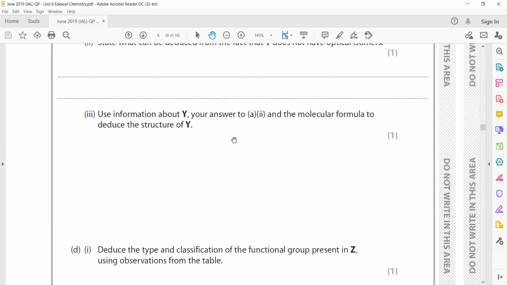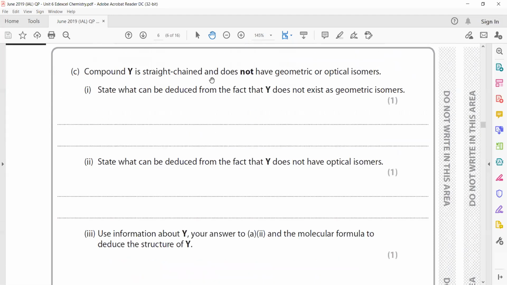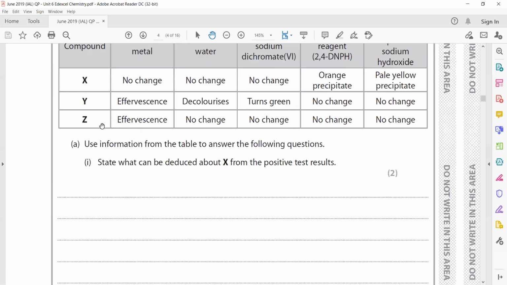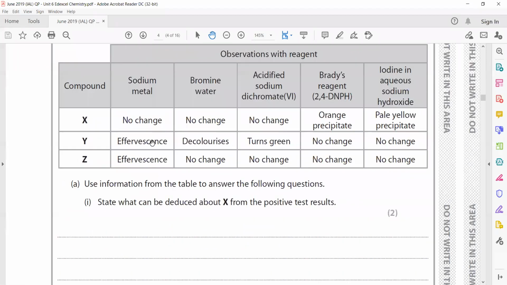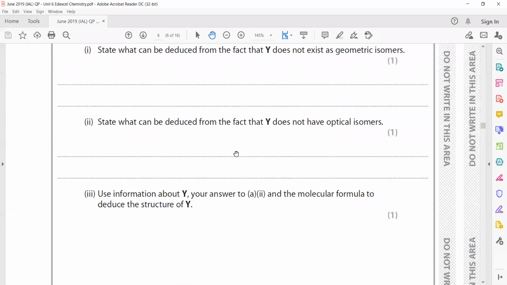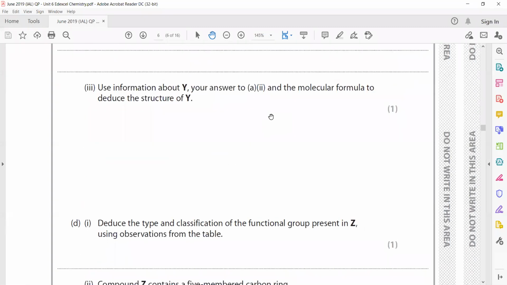Use the information about Y, your answer to A2 and the molecular formula, deduce the structure of Y. So we have to deduce again C6H12O. Effervescence is there, a double bond is there, and acidified potassium dichromate turned, so it can be oxidized as well, and there is no change in the other tests. We want identical groups, because it does not have any optical or geometrical isomers.